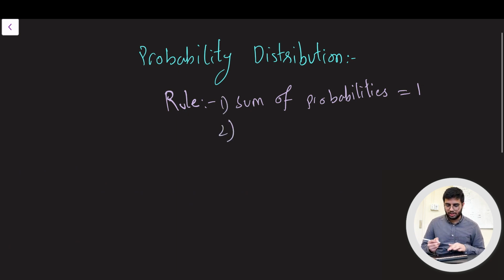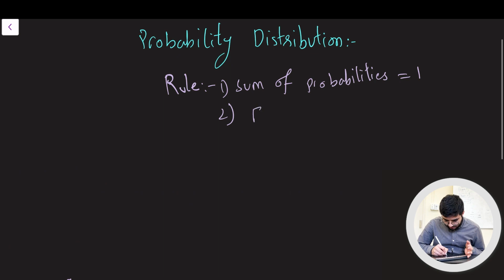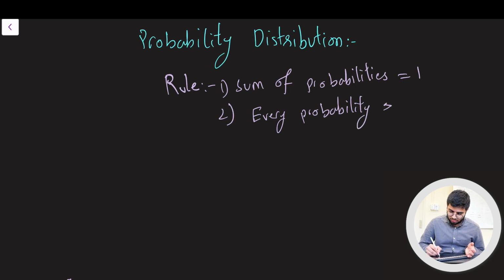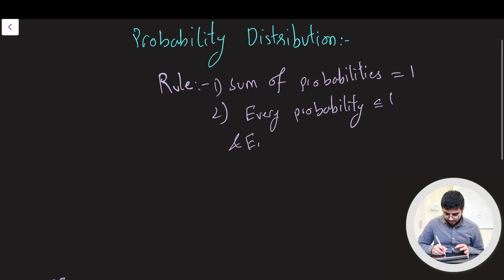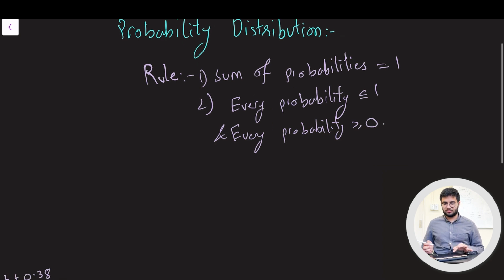And the second rule is that every probability is less than or equal to 1, sorry. And every probability is greater than or equal to 0.